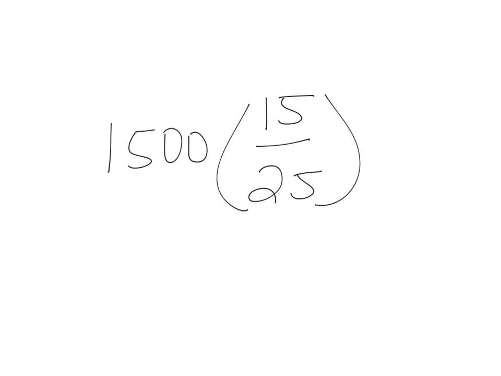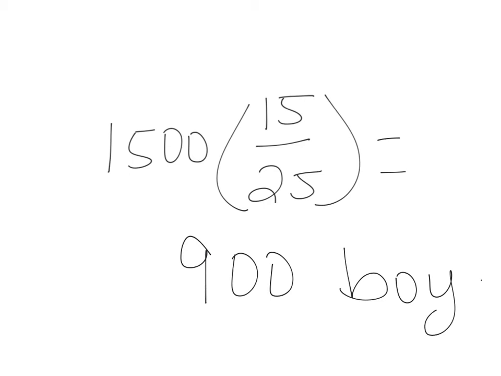You have 1,500 students originally, and you are multiplying it by the probability of the student being a boy. What did you get for your answer? You should have gotten approximately 900 of those students would be boys.